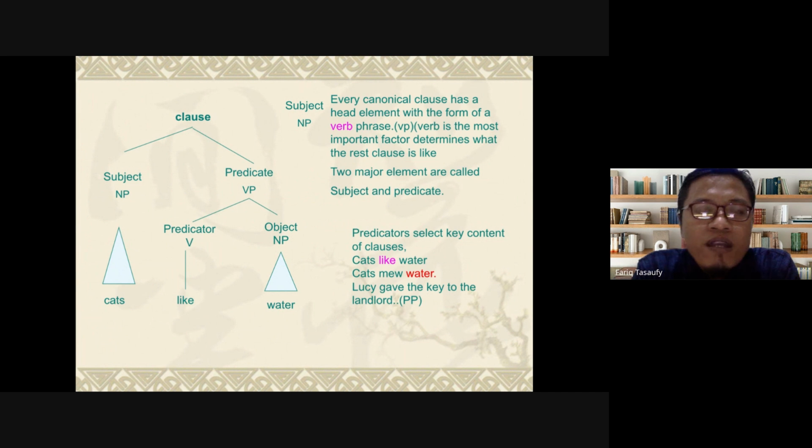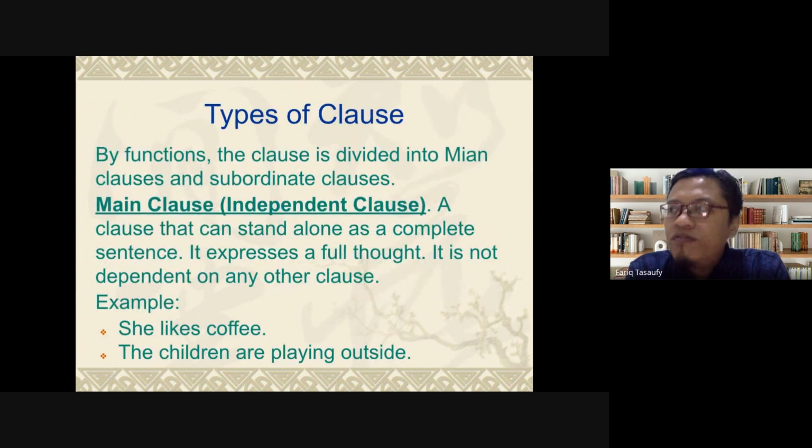There are types of clauses in English, but for now I just try to distinguish the types of clause by their functions. So the clause is divided into main clauses and subordinate clauses.